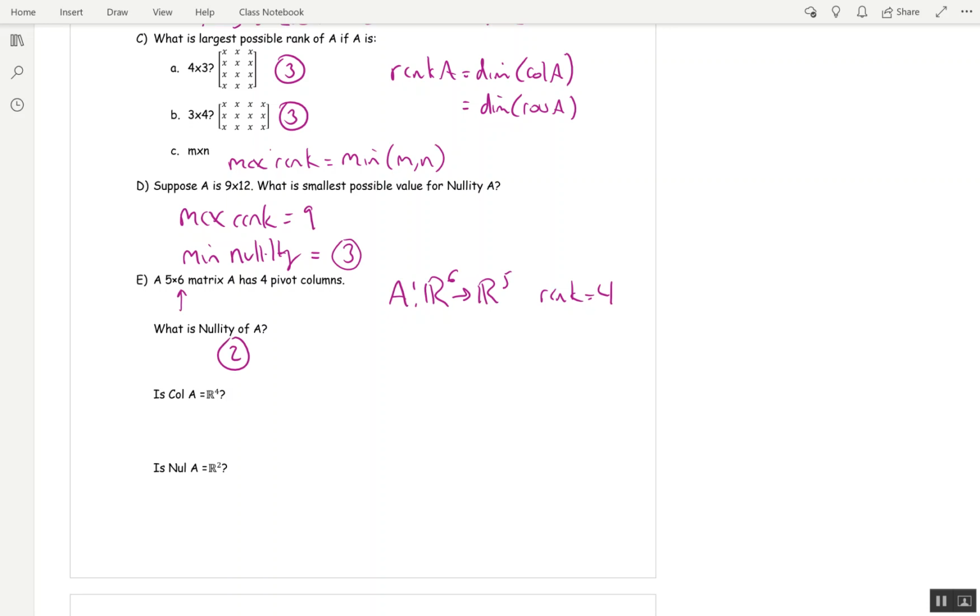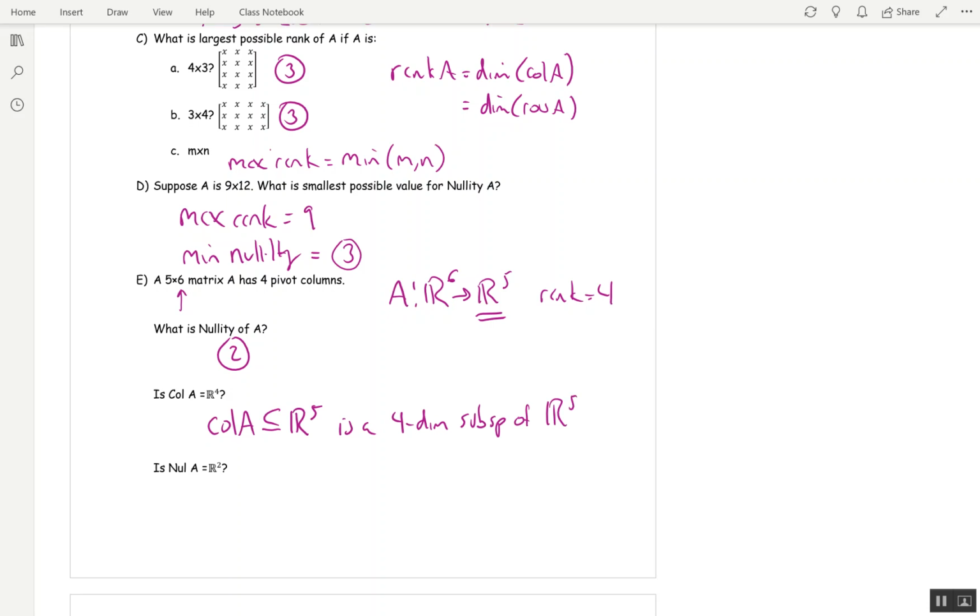That one's easy. Is col A R4? Well, col A lives inside of the target space, R5. So col A in R5 is a 4-dimensional subspace of R5.